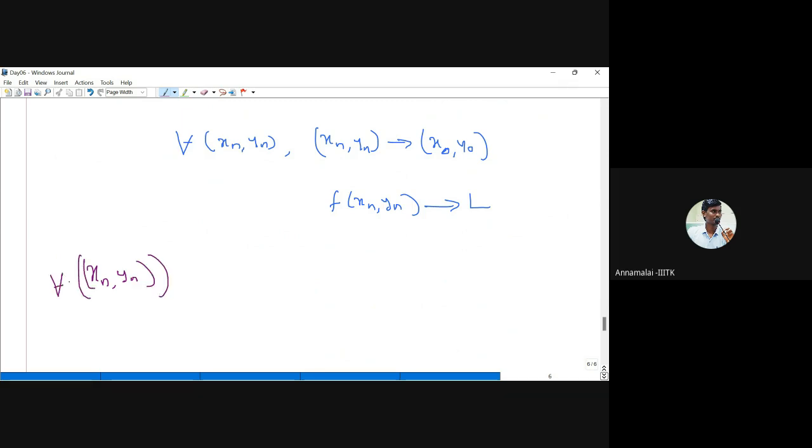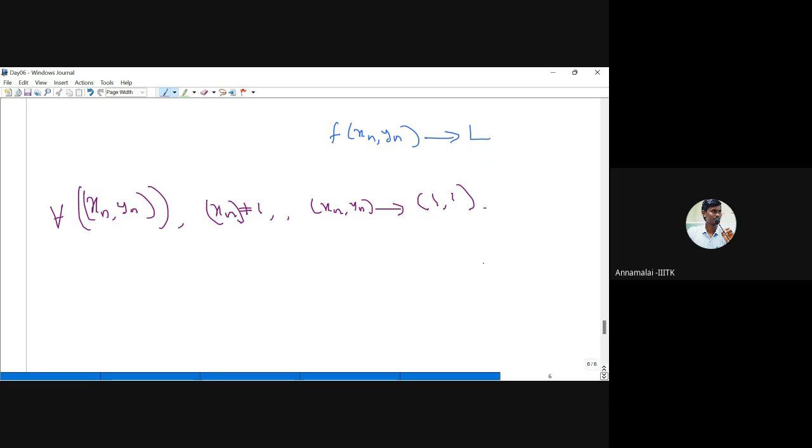If you take any sequence xn comma yn, but xn's are not equal to 1, it's non-constant, that is, it's not allowed to take the constant sequence 1, but the sequence converges to 1 comma 1, because we are talking about the limit of a function at the point 1 comma 1. Therefore, if you take any sequence xn comma yn converging to 1 comma 1, but xn is not equal to 1, what happened to f of xn comma yn?